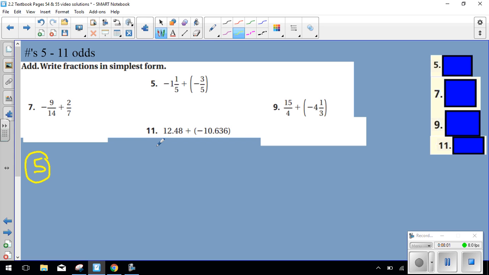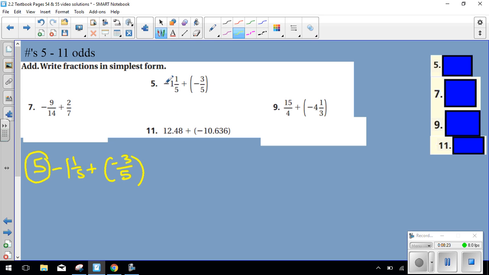So for number 5, we are adding a mixed number to a proper fraction. So we have negative 1 1/5 plus negative 3/5. There's two things I want to call your attention to. The first thing is we're in addition.